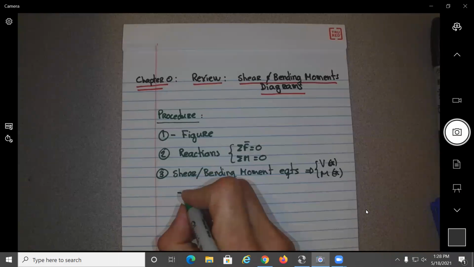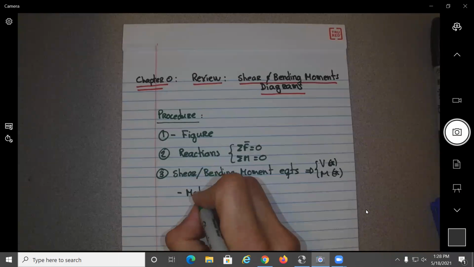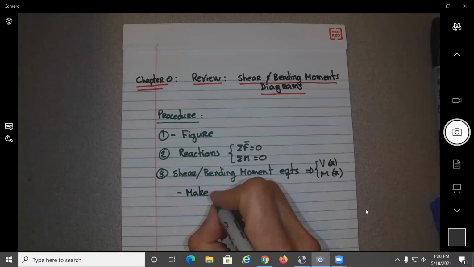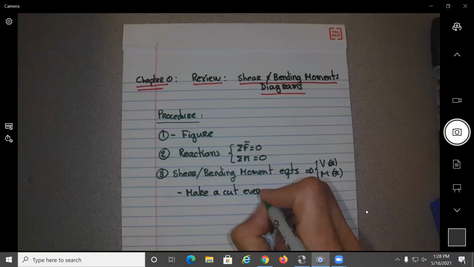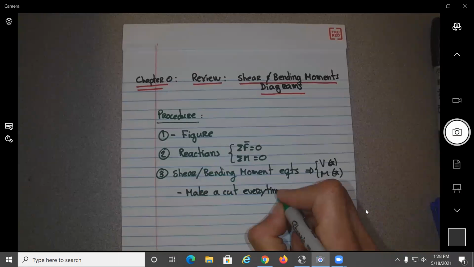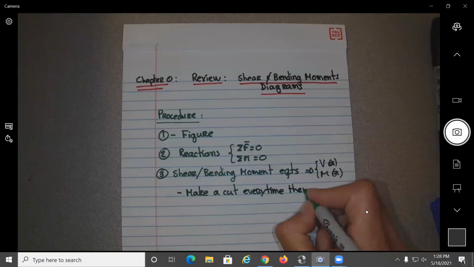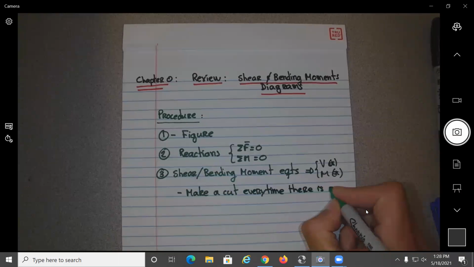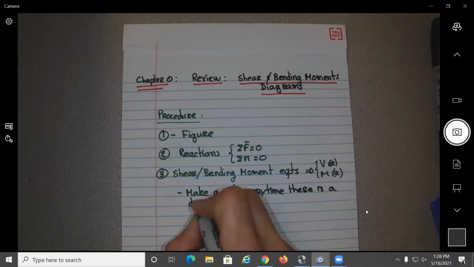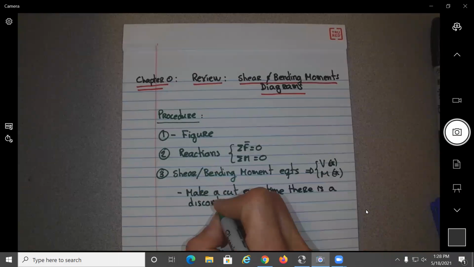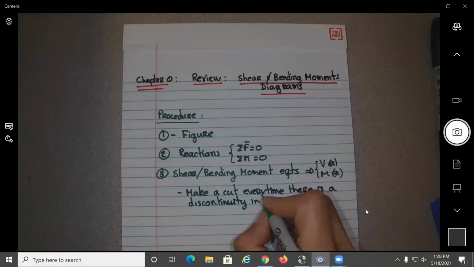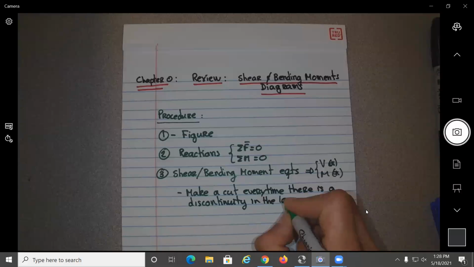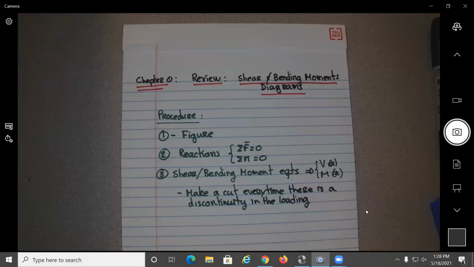The rule is that you need to make a cut every time there is a discontinuity in the loading. Okay, if it's not clear, we're going to do an example. I hope everything will be clear.